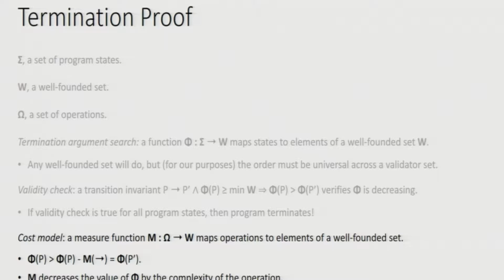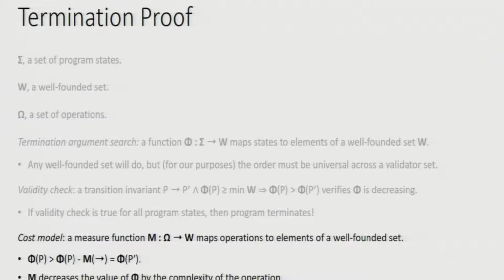Since we're using W as our well-founded set, it's just going to map an operation to whatever W is. So we can refine our transition invariant by specifying that the balance of P is reduced by the cost of the operation that causes the transition.